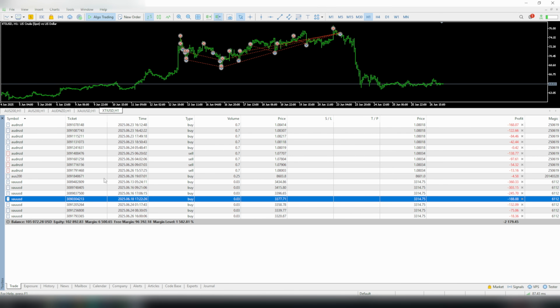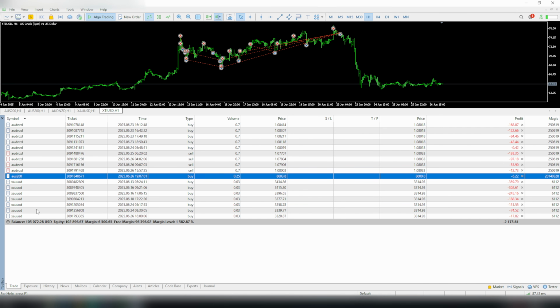Looking at my open trades, you can see I've got 3 groups of open trades. I've got the Aussie New Zealand, a US 200, and gold, all risking 1% or $1,000 on this 100K account. Now with grid trading, you always have some pretty big drawdowns. So currently I've got a 2% drawdown, which is mostly consisting of Aussie New Zealand and gold at the moment.